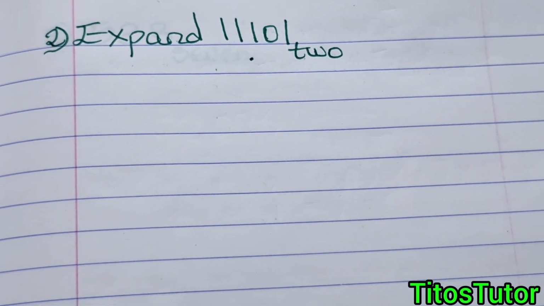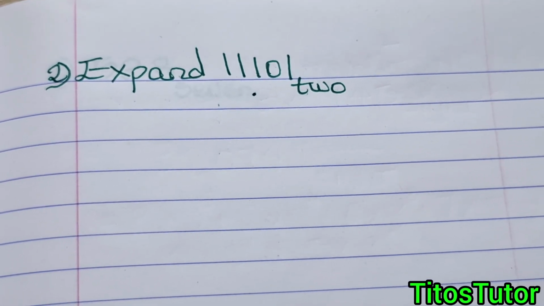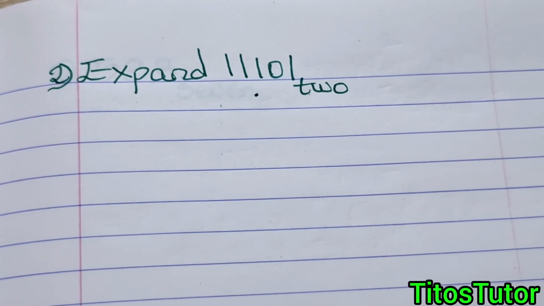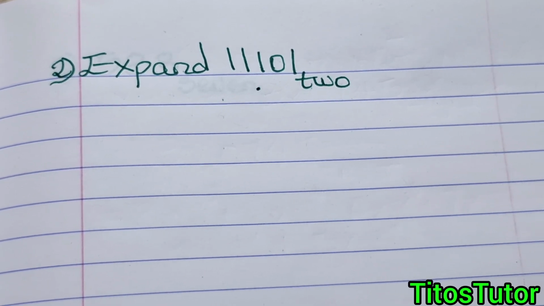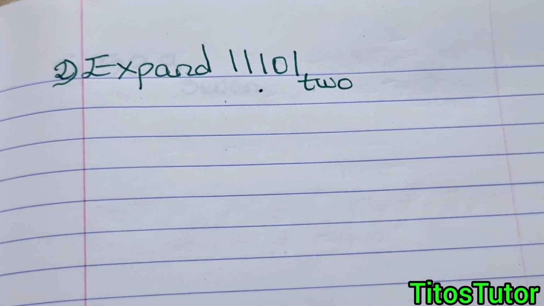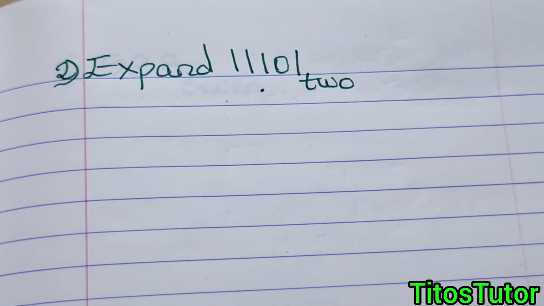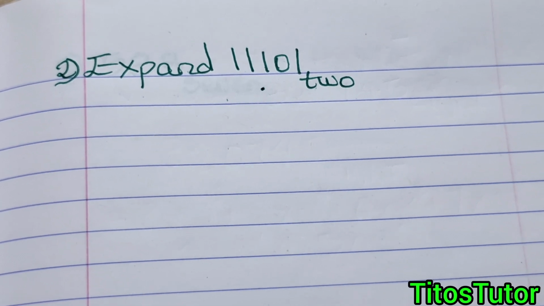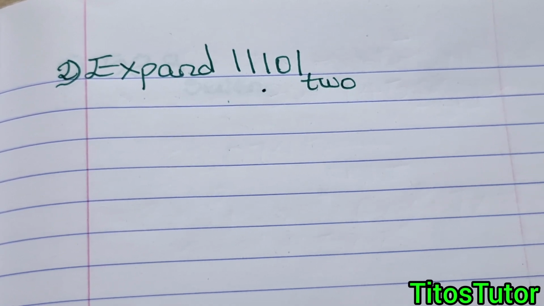Look at this. It's a binary number. A binary number meaning that it is in base 2. And this is where we're actually going to binary numbers, because these binary numbers are the numbers that computers understand. So this example says we should expand 11101 in base 2.